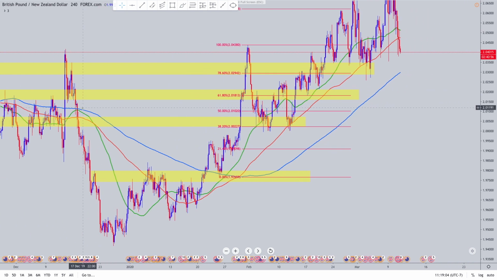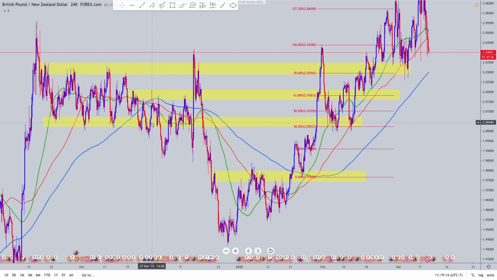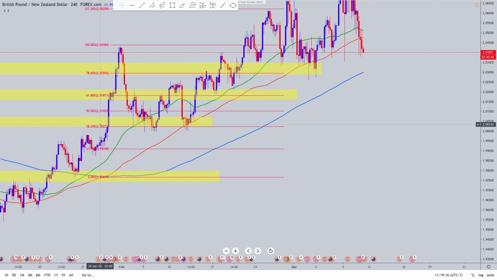So as we drew earlier, this nice area of support, I guess it never really acted as resistance, but this nice area of support matched up with the 38 perfectly. So it would be nice to take a long position here.